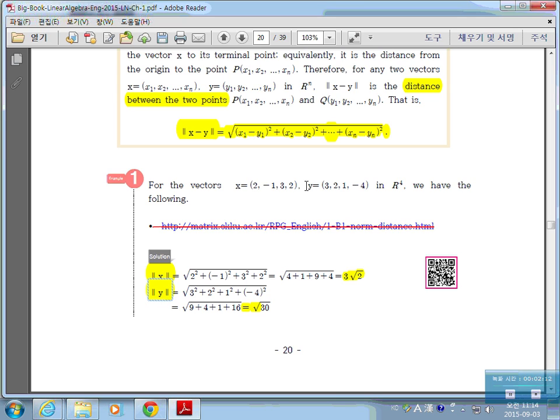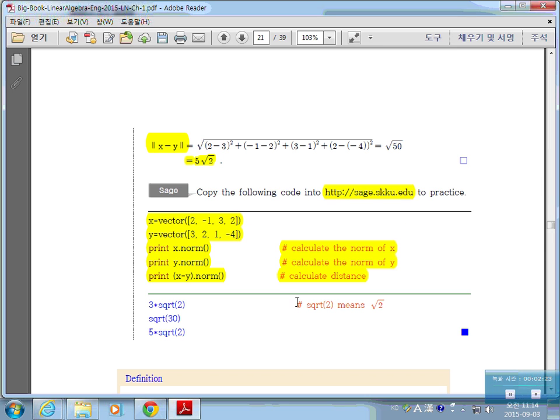Norm of y is the square root of 3 squared plus 2 squared plus 1 squared plus (minus 4) squared, which is square root of 30. So it can be easily done. And the distance between the two vectors can also be found without any difficulties, as 5 square root of 2.